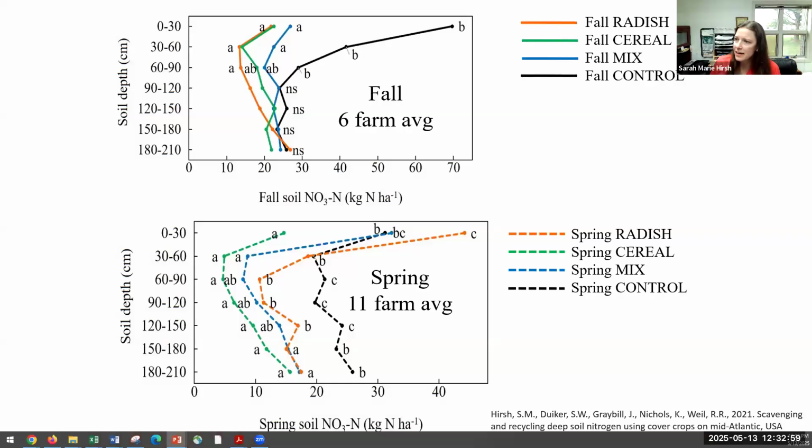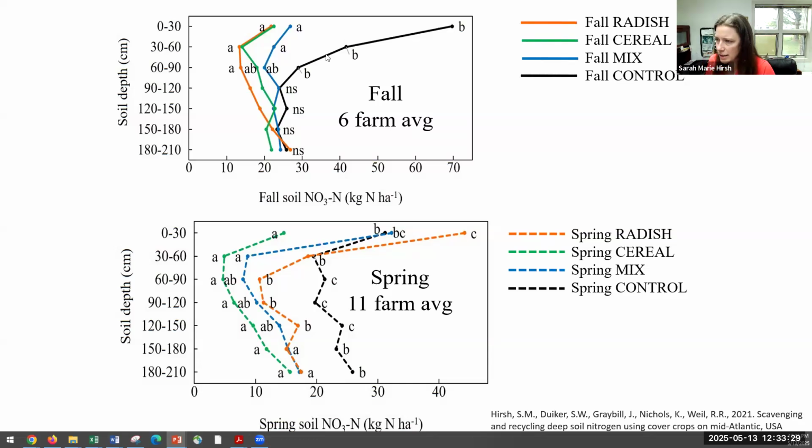And then you can see that the cover crops are effective in our region at reducing the amount of nitrate both in the fall and in the spring. So if you look at these graphs, this is the soil depth from the surface down to 7 feet deep. And then across the x-axis here is kilogram per hectare, but it's about equal to the pounds per acre of the nitrogen.